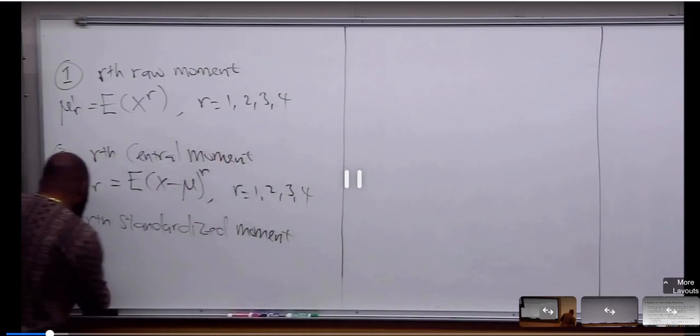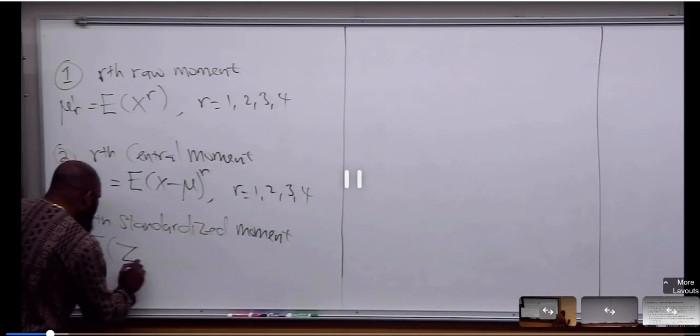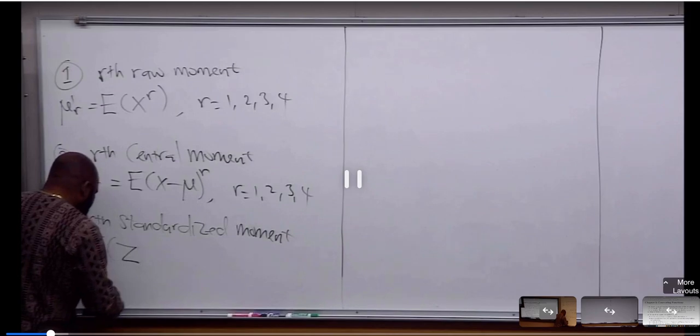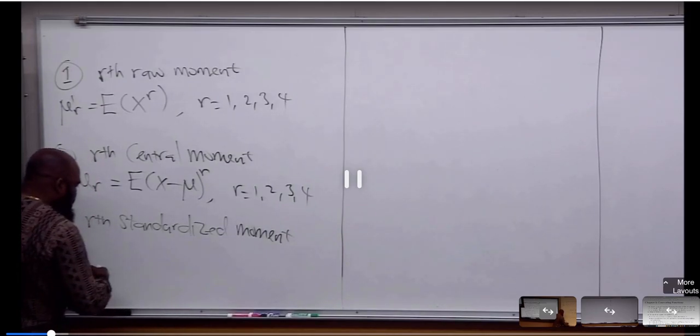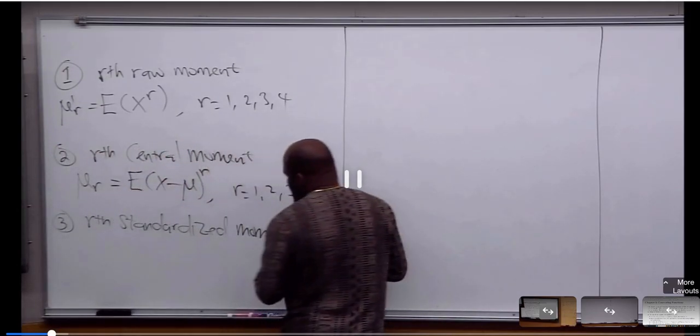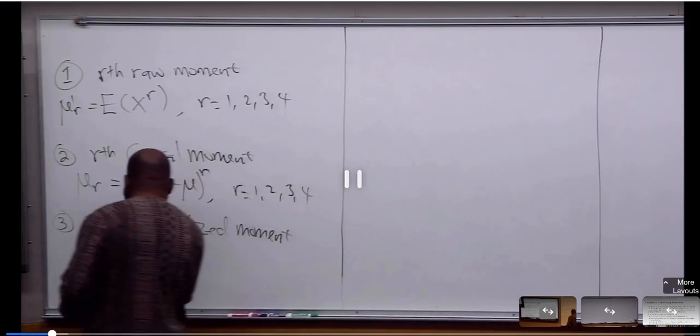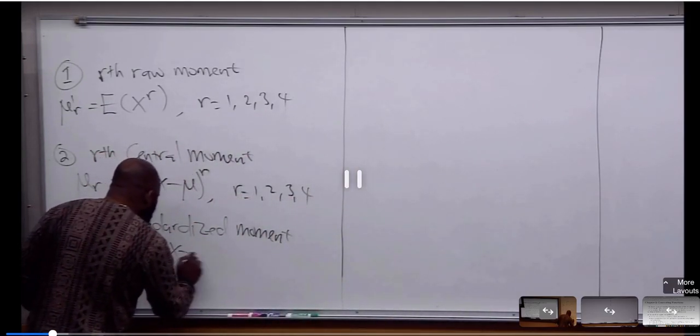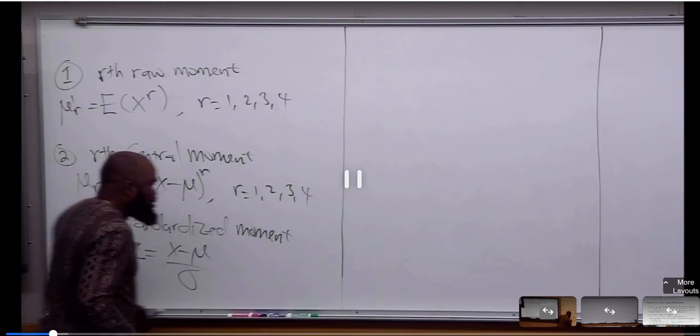In the standardized moment, we know that Z is X minus mu over sigma.